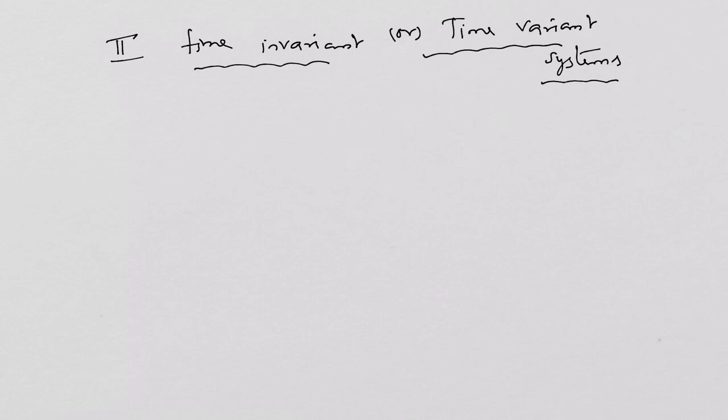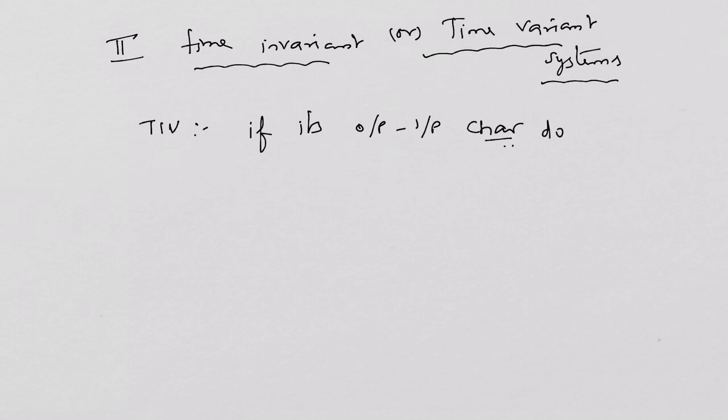A system is said to be time invariant if its input output relationship characteristics do not change with respect to time. Such systems are called time invariant systems.